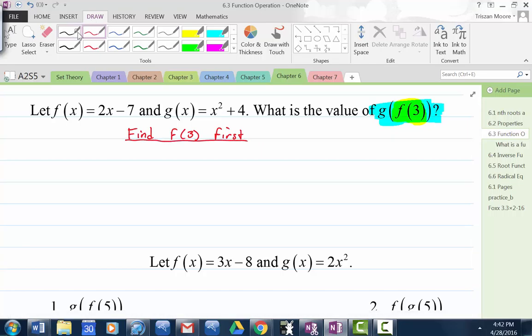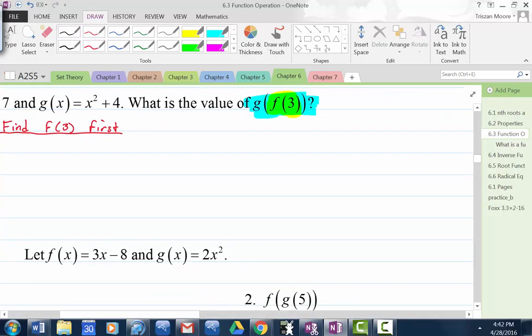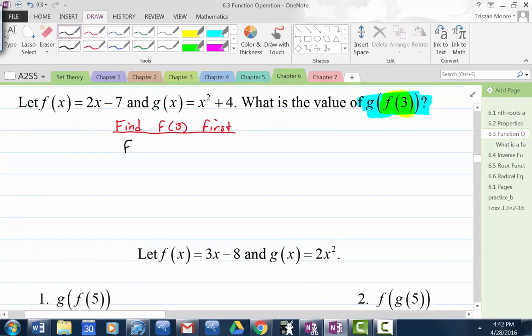If you're trying to find f of 3 first, let's see what happens. You have f of 3 equals 2 times 3 minus 7, which is 6 minus 7, which is negative 1.